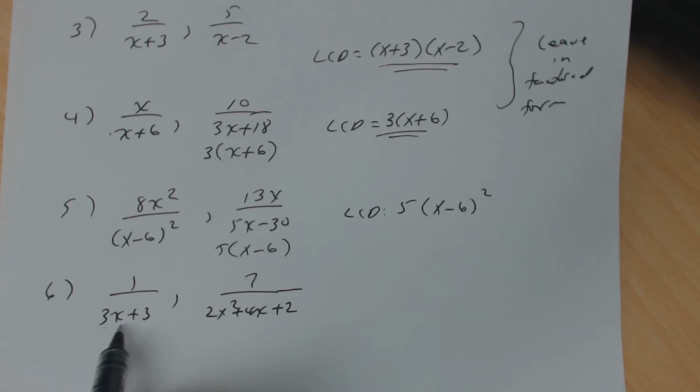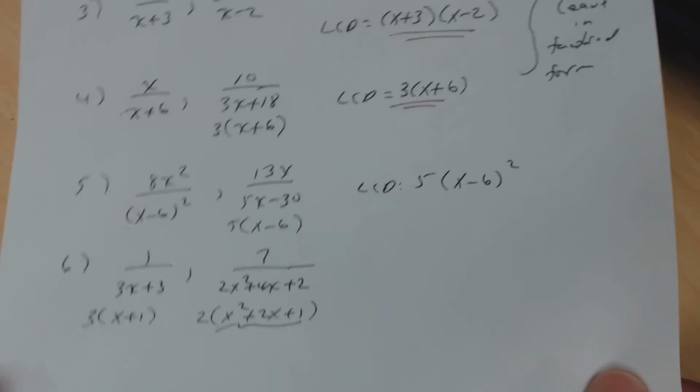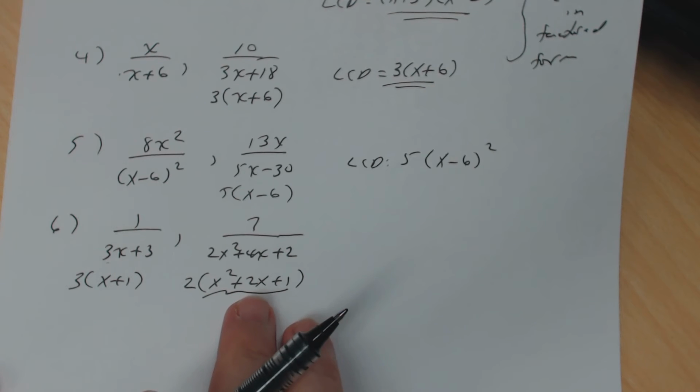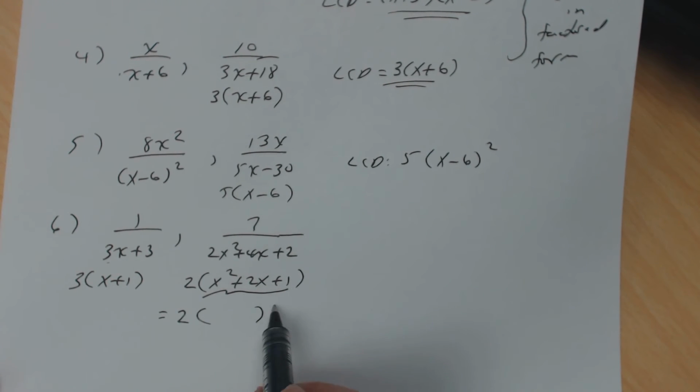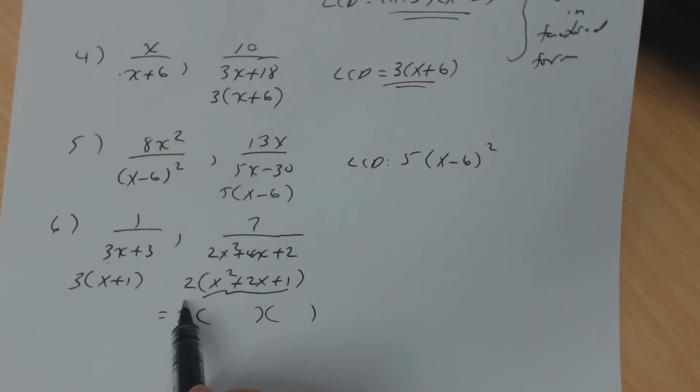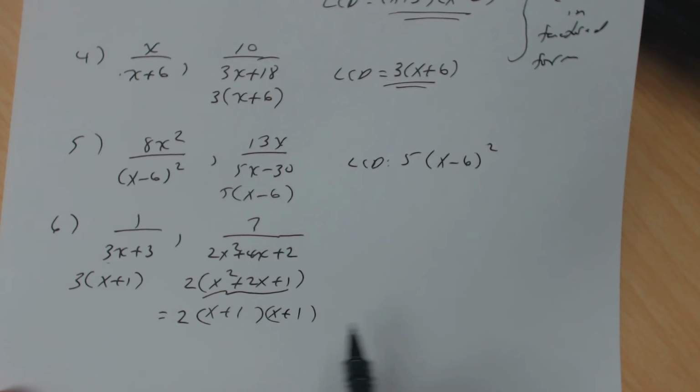So here I can factor out a 3, and I'm left with 3 times x plus 1. Here, make sure you factor out a 2, and you're left with x squared plus 2x plus 1. And remember, just as you did in a previous lesson, you want to see if you can factor this trinomial, and you can. So this becomes 2 times, don't forget to bring down the GCF, 2 times x plus 1 times x plus 1.